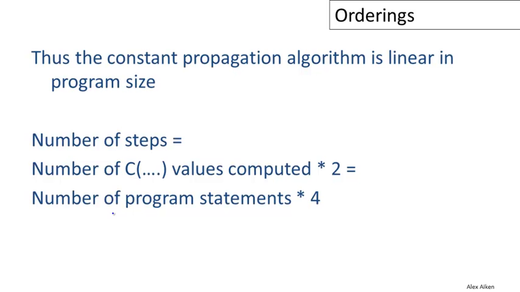The number of steps is bounded by the number of values we're trying to compute times 2, because each one could change 2 times. Since there's one value for the in and out of every statement, the total number of steps the algorithm could possibly take is the number of program statements times 4.